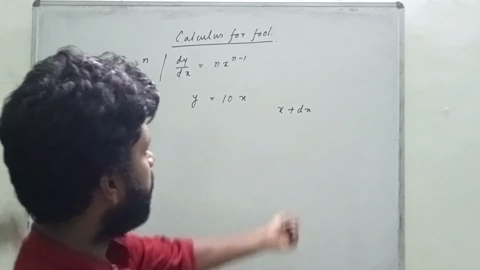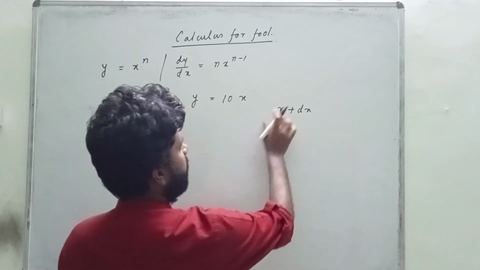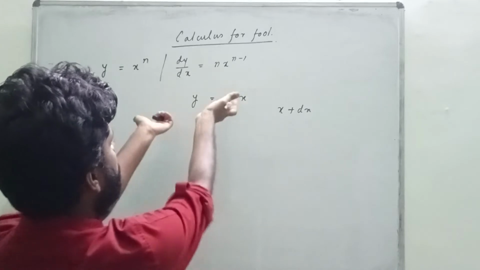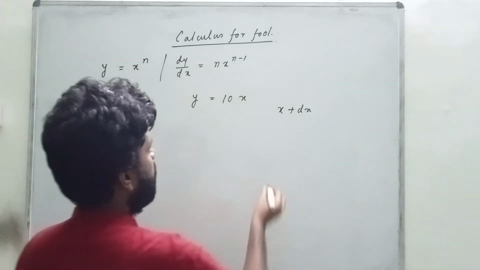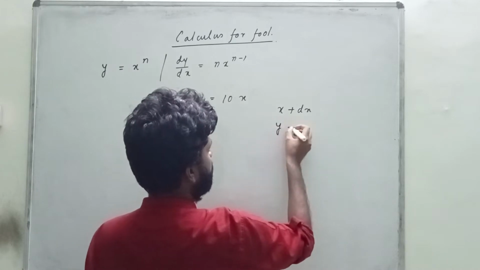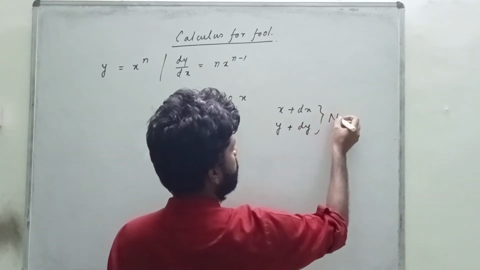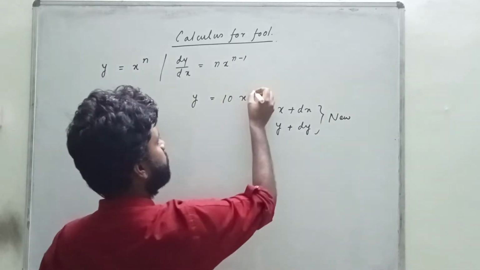That is the new x, and by the change of x, according to our relations, y should change and the new y becomes y plus dy. It is the new relationship. Okay. And it's the old relationship.